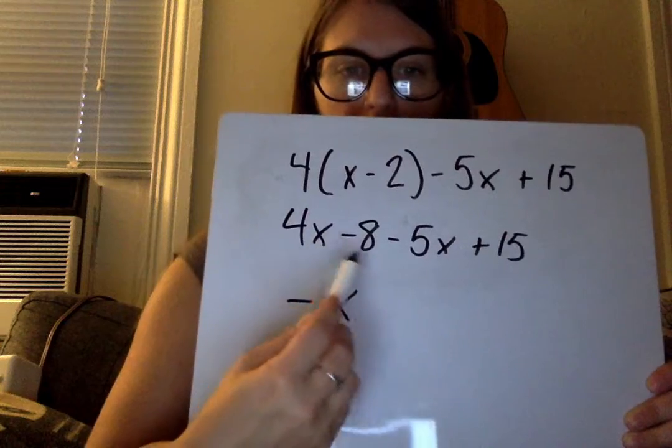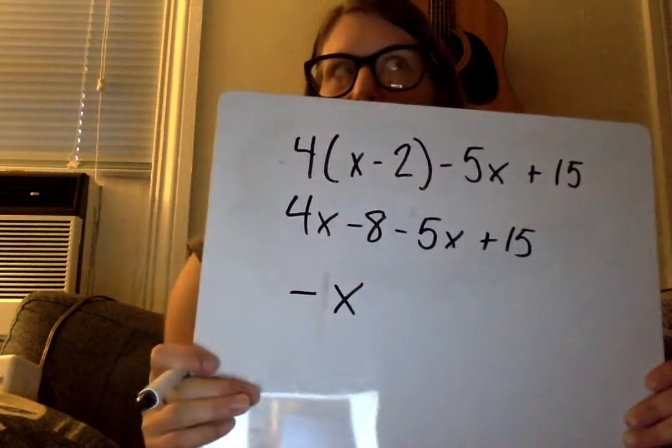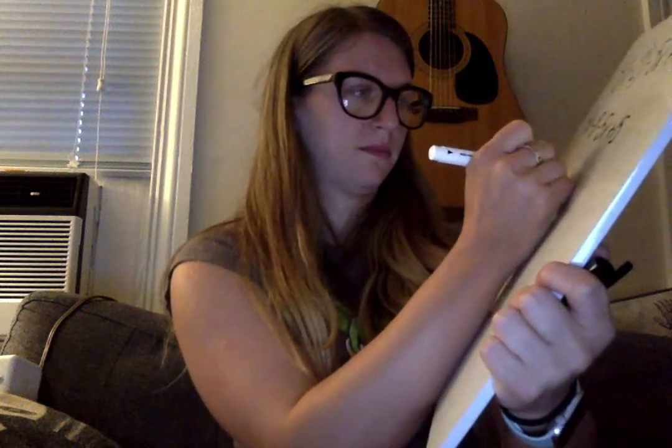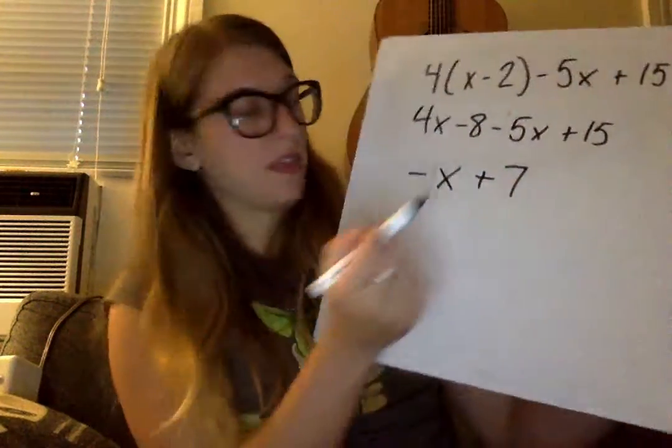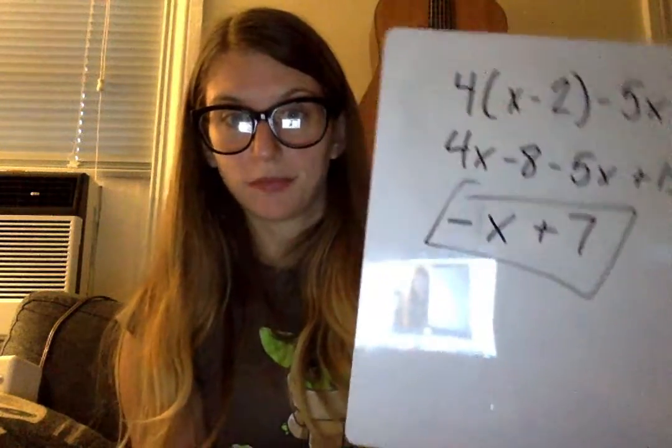And then last, I have negative 8 plus 15. I want to say that's 7. And then you're left with that. Ooh. I give you one to try. That is a lot longer. But we'll do that together.